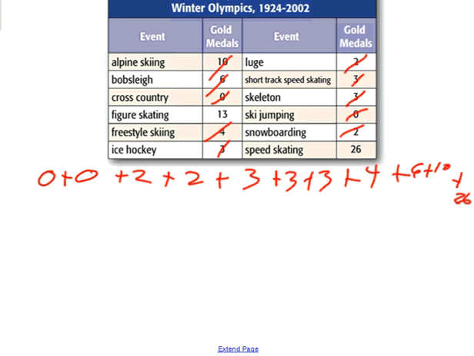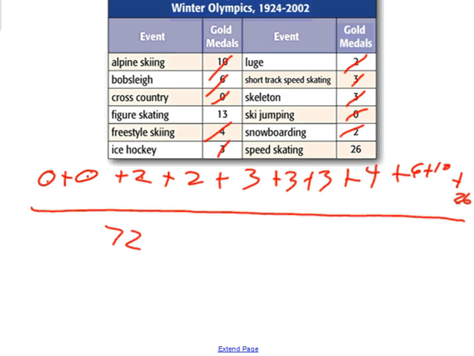So if I'm going to find the mean of these, I'm going to add these all up. If I go all the way across, that's my numerator, and I get a total of 72. If I count how many there are, 1, 2, 3, 4, 5, 6, 7, 8, 9, 10, 11.